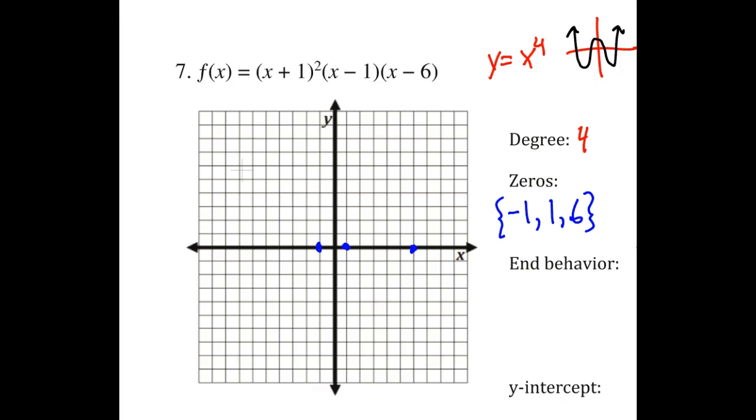For our y-intercept, plug in 0 for each of these. Technically this would be 1 times 1 because it's squared, and then -1 and -6. So 1 times 1 times -1 times -6 is +6.